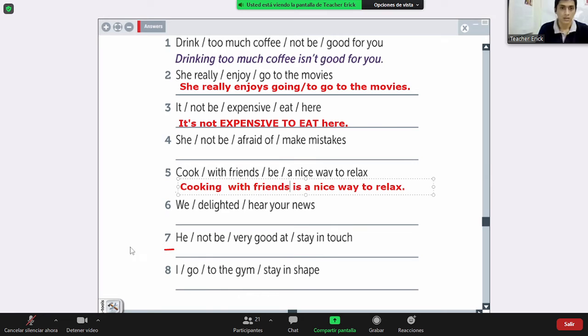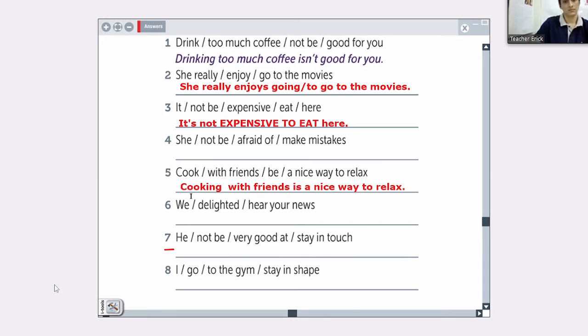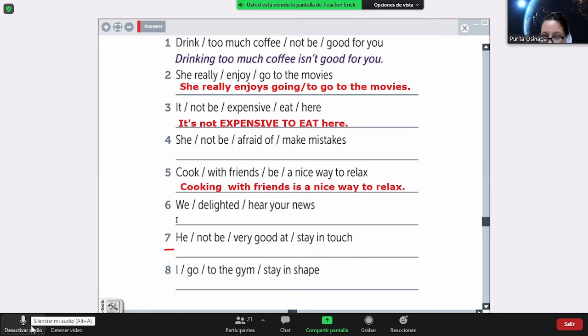And number 6, we delighted to hear your news. So number 6. Yes. Teacher, ¿qué significa delighted? Dijimos delighted y el otro era happy, ¿o no? We delighted to hear your news.